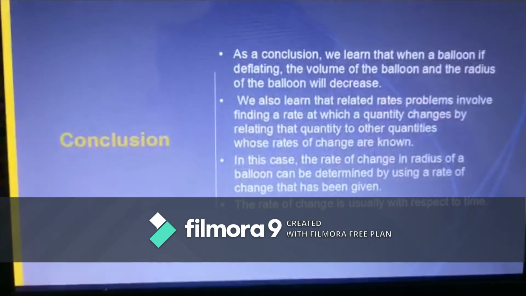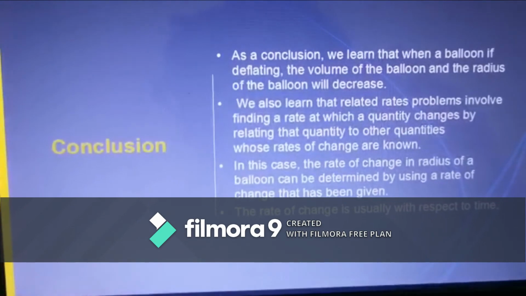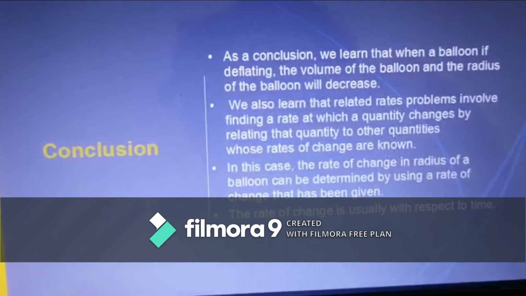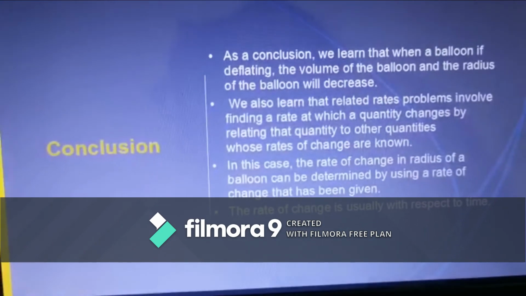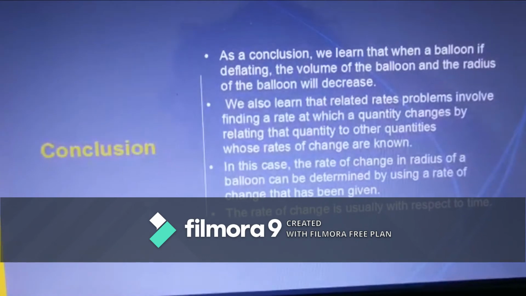Sadly, we are now already at the conclusion. As the conclusion, we learned that when a balloon is deflating, the volume of the balloon and also the radius of the balloon will decrease eventually.